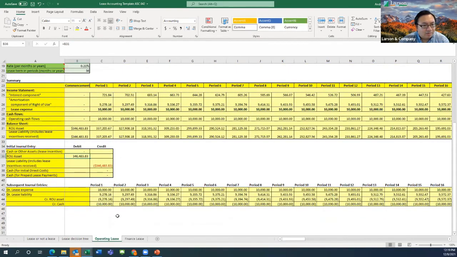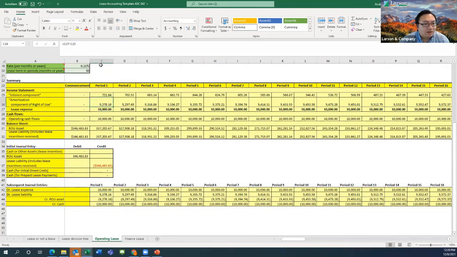Whereas in operating expense, the interest component or the amortization component is really just kind of flowing through as one line, as a lease expense line.